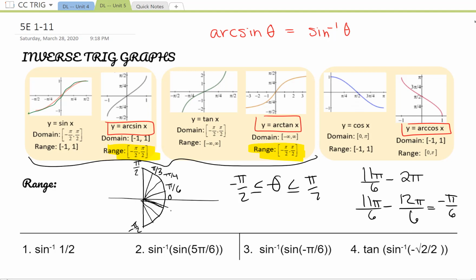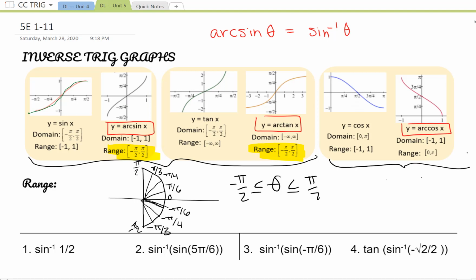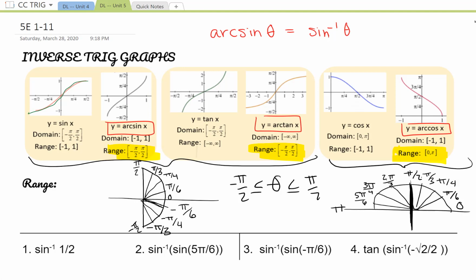Yes, it is. So that's what we call this angle. -π/6, -π/4, -π/3. Because these are the restrictions of arcsine and arctangent. The restrictions for cosine tend to be a little easier for students to grasp because it's from 0 to π. The interval that we're allowed to use is from 0 to π, and those angles are written on your unit circle exactly as you see them.